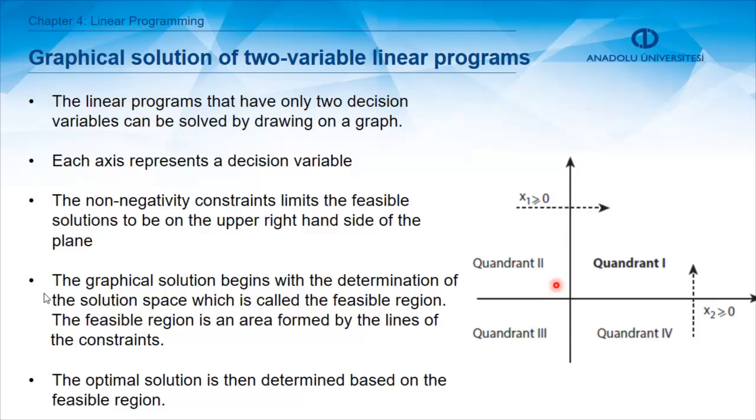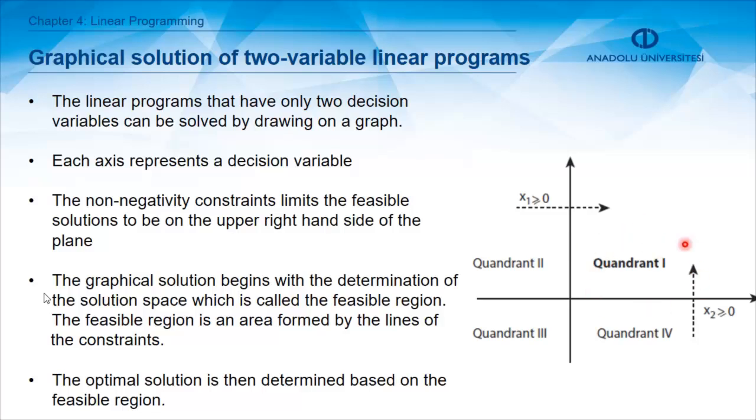The linear programs that have only two decision variables can be solved by drawing on a graph. Here at the right hand side of the slide we have a two-dimensional plane. Here each axis represents a decision variable. The vertical axis is for x1 here, and the horizontal axis is for x2. The non-negativity constraints limit the feasible solutions to the upper right hand side of the plane.